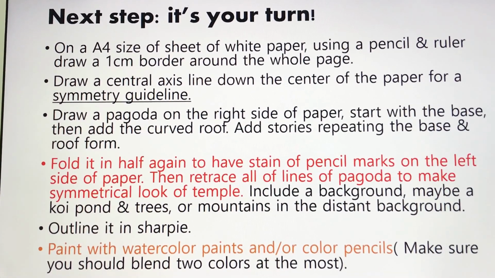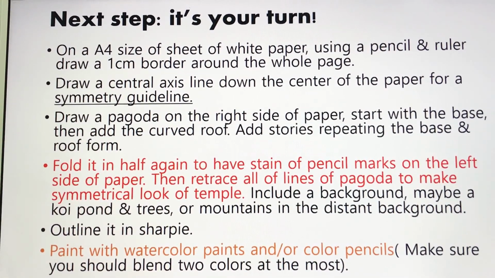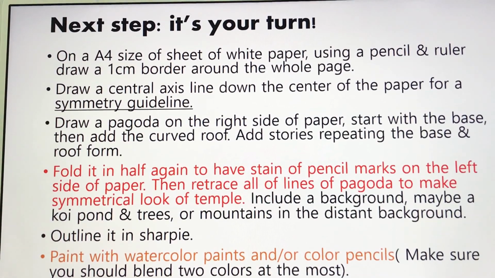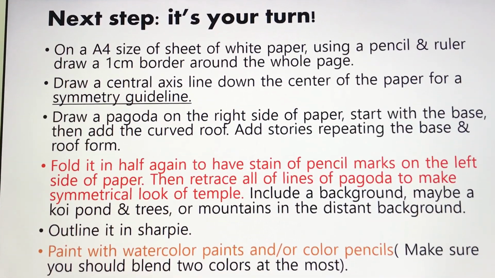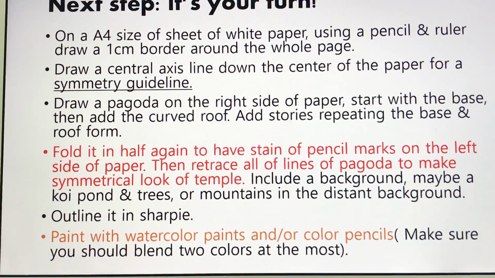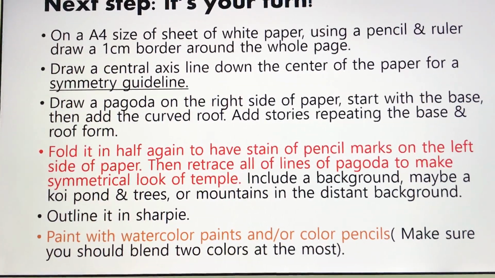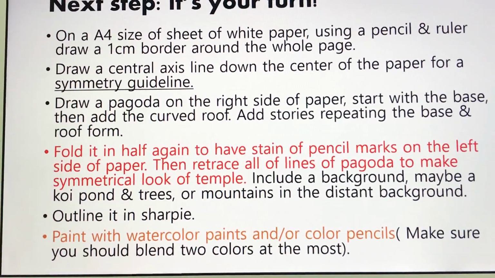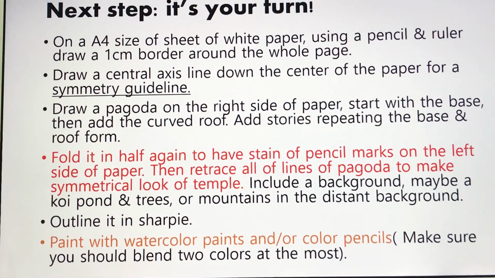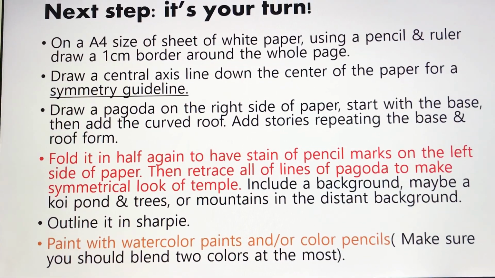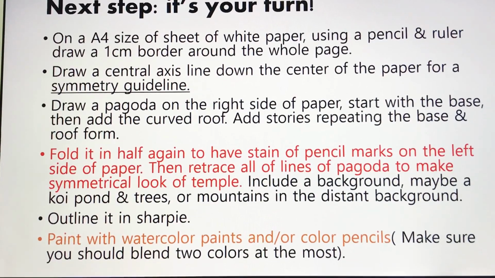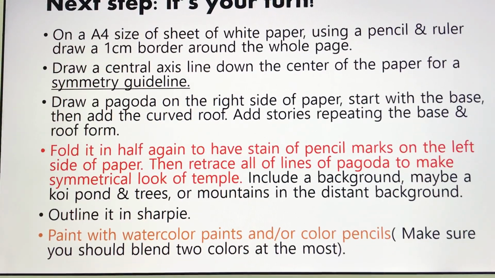Then paint with watercolor paints, or if you don't have them, try to get watercolor pencils. It's basically a color pencil, but once you touch it with a paintbrush dipped in water, it looks like a watercolor texture. So make sure you prepare before we start working on the paper.